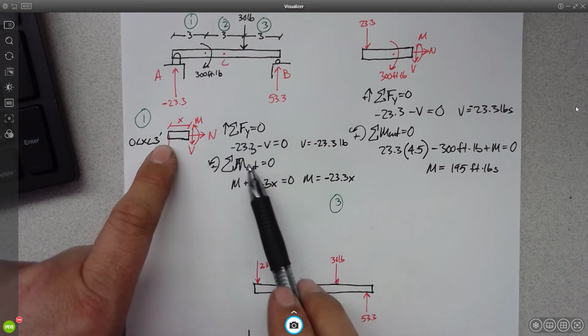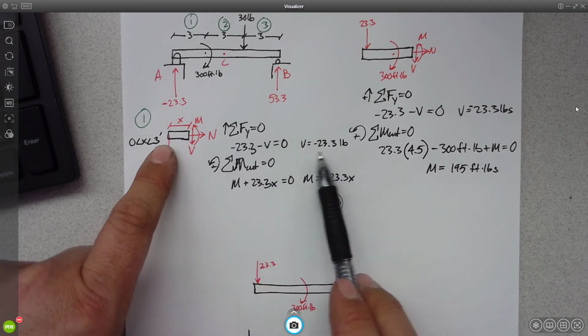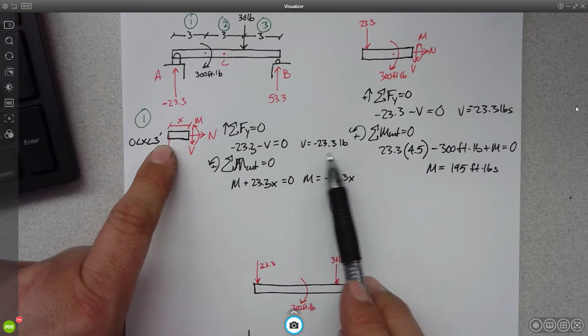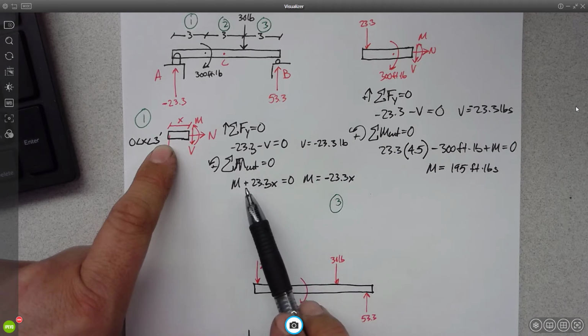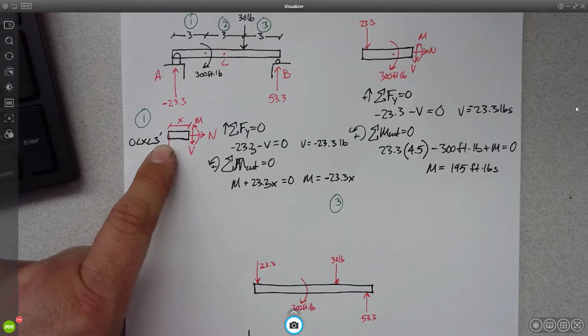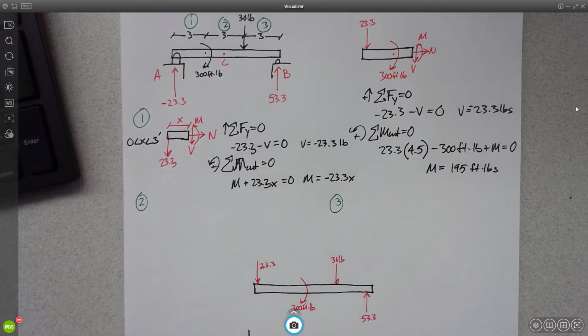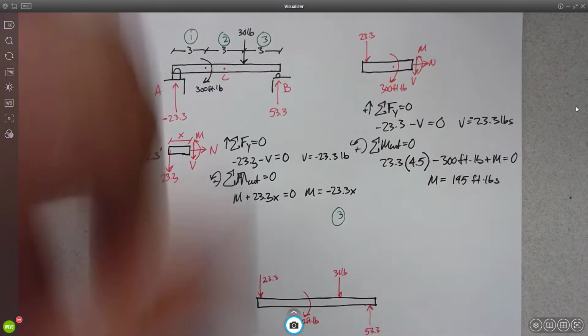Then I sum my forces in the y, and I figure out that my shear force is constant throughout that area. It's 23.3. And I find out that my moment has a straight line down of negative 23.3. Okay? Sorry. All right.